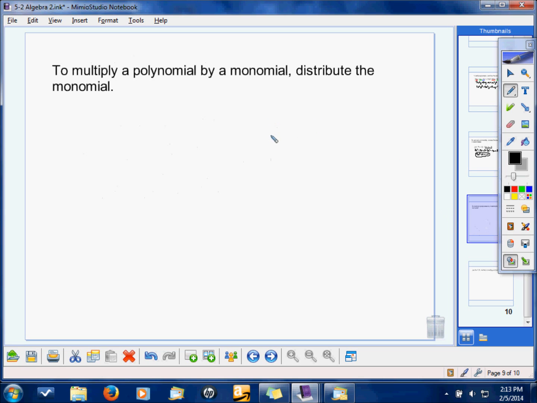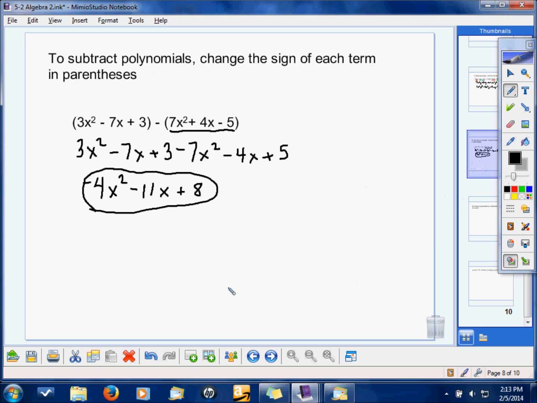Multiplying a polynomial by a monomial. Yes, question. Okay, so with the negative 4x squared and the negative 11x, the x squared is not the same as just the regular x. You can't put those together and make x. Correct. Because the exponents count how many times something is multiplied by itself.